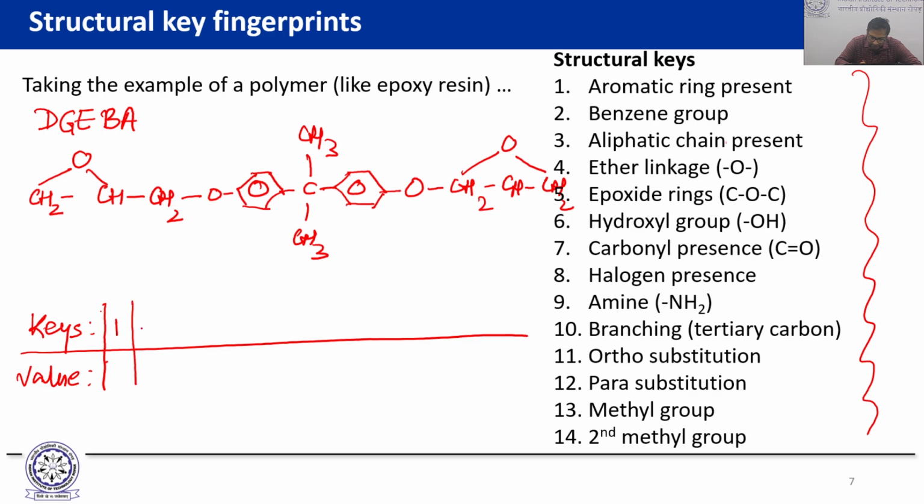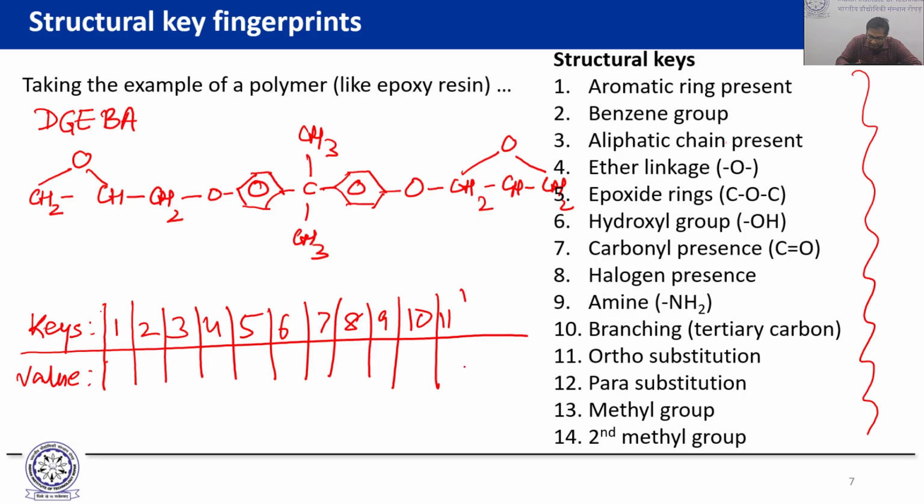So I have got 14 keys. Let me start writing them down: 1, 2, 3, 4, 5, 6, 7, 8, 9, 10, 11, 12, 13, and then finally 14. The first key talks about whether an aromatic ring is present or not, and we say that yes, the aromatic ring is present.